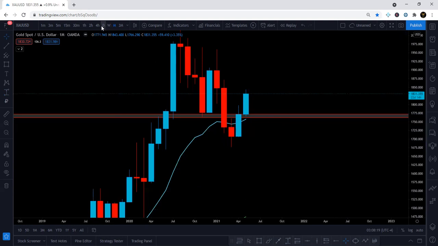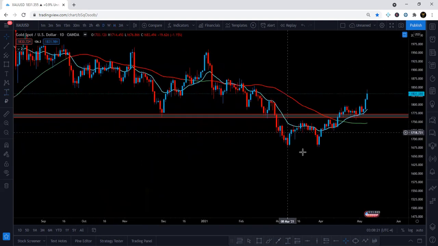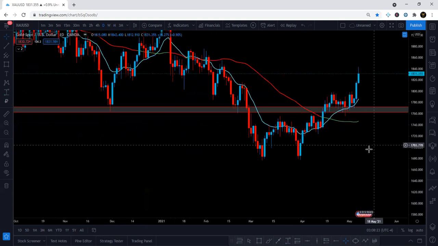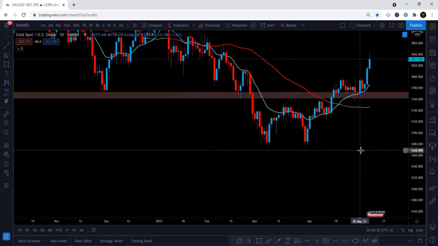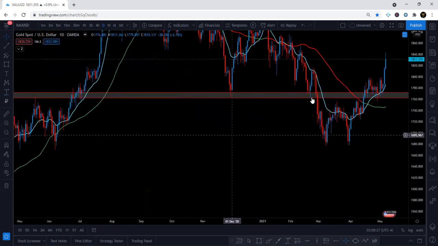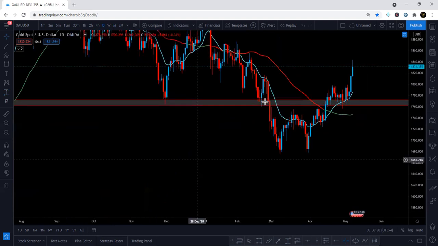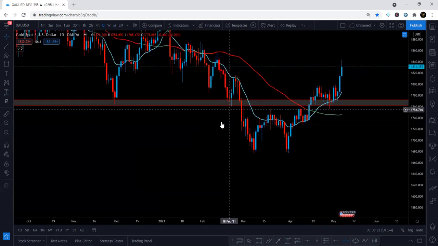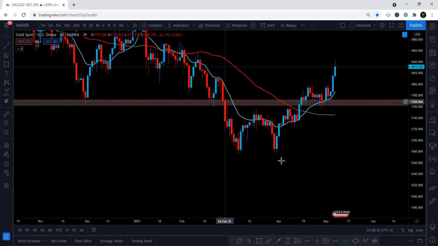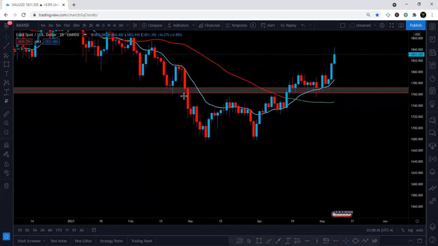Let's see what happened in the daily there. Yeah, as you can see, we have a daily closed back below. Usually price comes to retest the highs, the zone that broke, before going down.